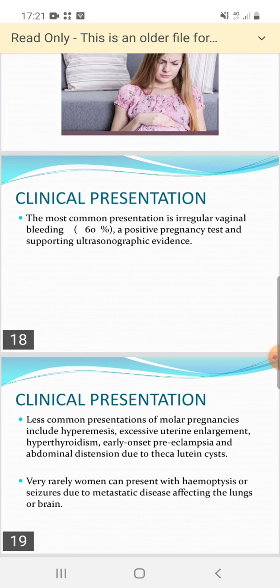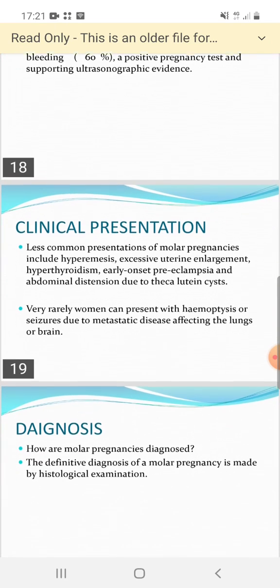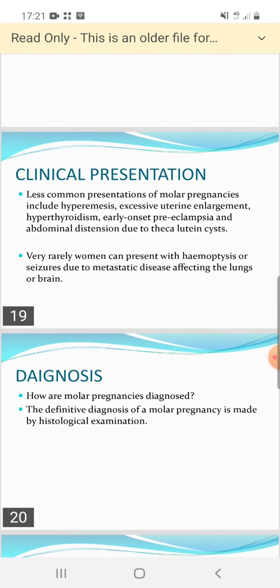Now the clinical signs and symptoms of molar pregnancy. The most common presentation is irregular vaginal bleeding, 60%, and the women present with a positive pregnancy test and supporting ultrasound evidence. Less common presentations include hyperemesis, excessive uterine enlargement, and hyperthyroidism, because beta HCG is similar to thyroid stimulating hormone, so it stimulates the thyroid, giving signs and symptoms of hyperthyroidism.